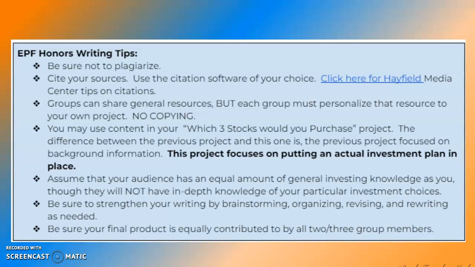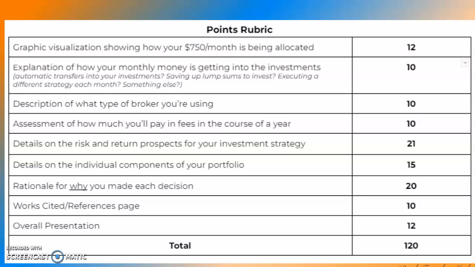And also be sure to strengthen your writing before you start: brainstorm, organize, and as you get into it, please revise, rewrite as needed, and be sure your final project is equally contributed to by the 2 or 3 members of your group. And here is your points rubric, which totals 120 points.